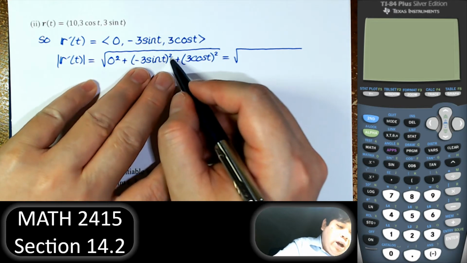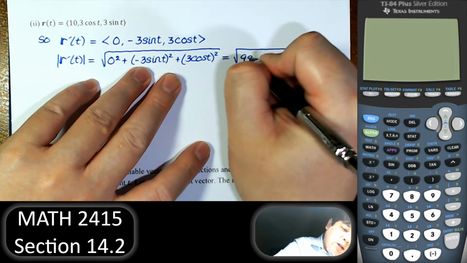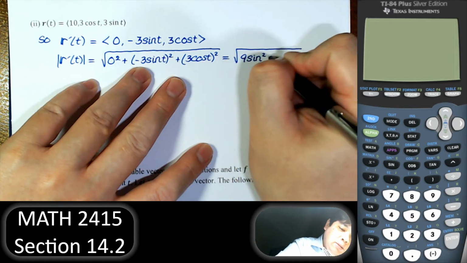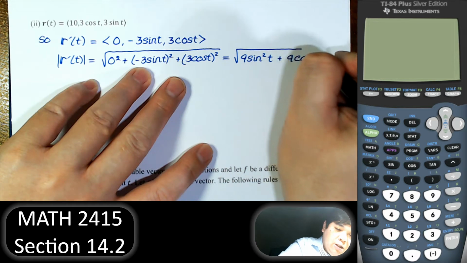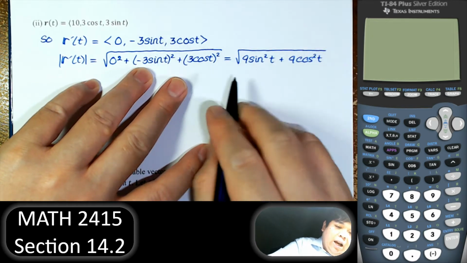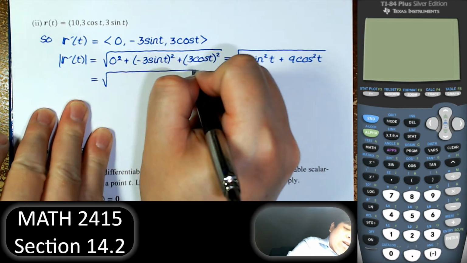Negative 3 squared is 9 sine squared, so 9 sine squared plus 9 cosine squared. Sine squared plus cosine squared is 1, but first let's factor out the 9.